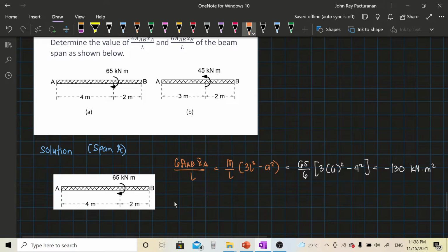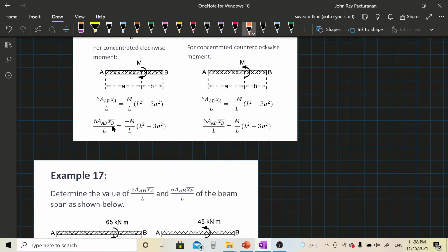Okay, so yan yung sagot natin. Meanwhile, yung other formula, 6 area AB, centroid ng B over L, so that is equal to negative M over L, then 3L squared minus B squared. So check ko nga kung tama ako. Yes, I am right.